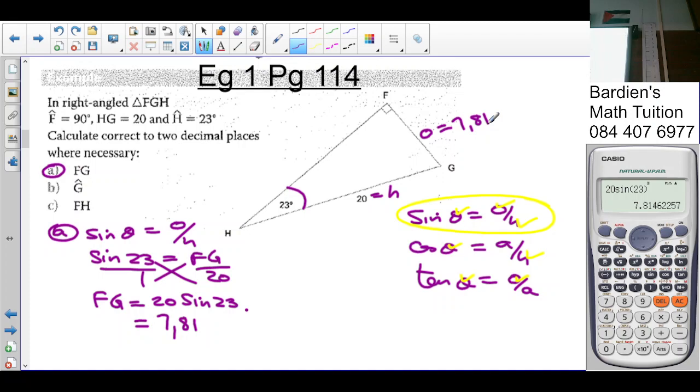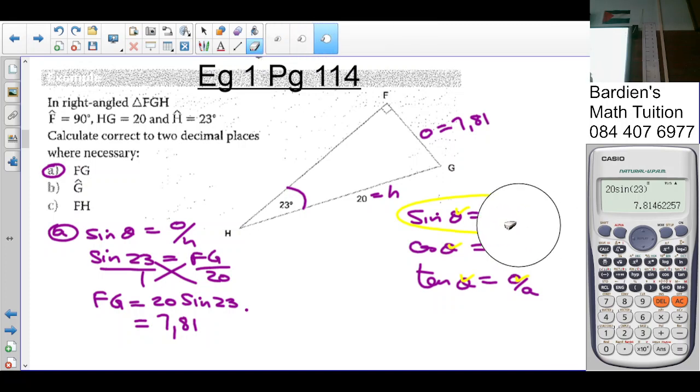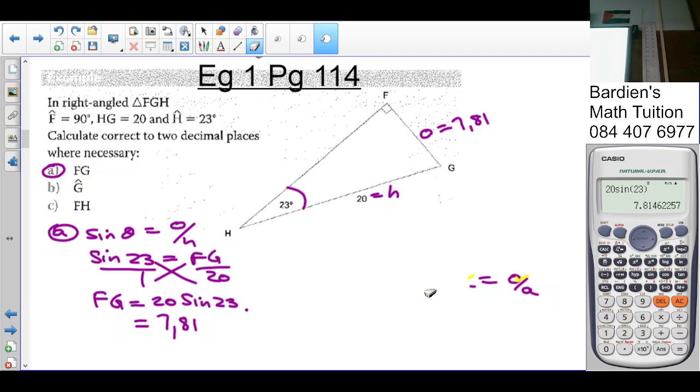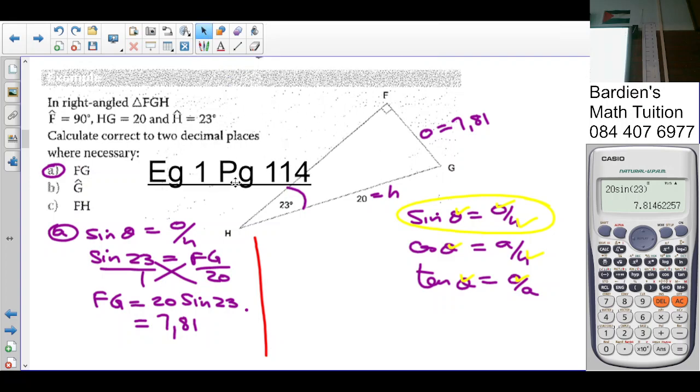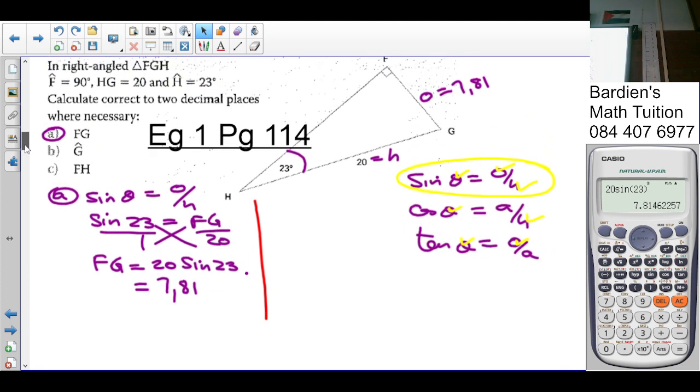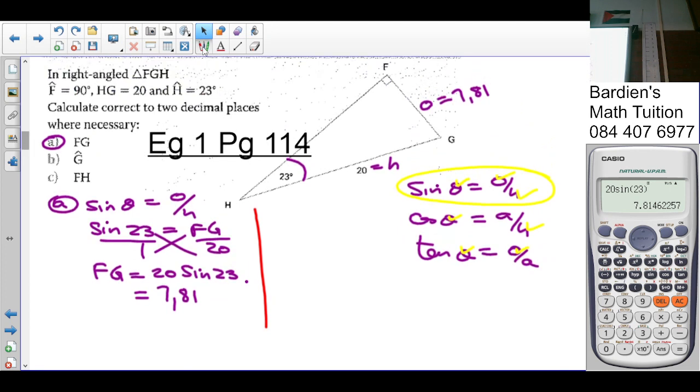Then the question is to calculate angle G. So how do you think we're going to calculate angle G? Sum of angles in a triangle. So what do I say?